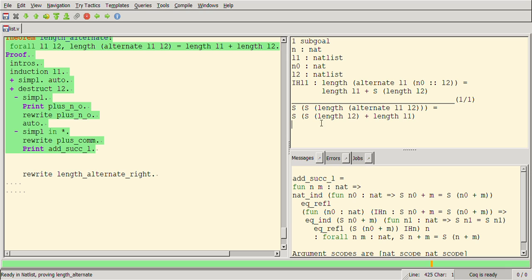So to change this, we have to enclose length L2 and length L1 combined in parentheses, and keep the successor outside the parentheses.